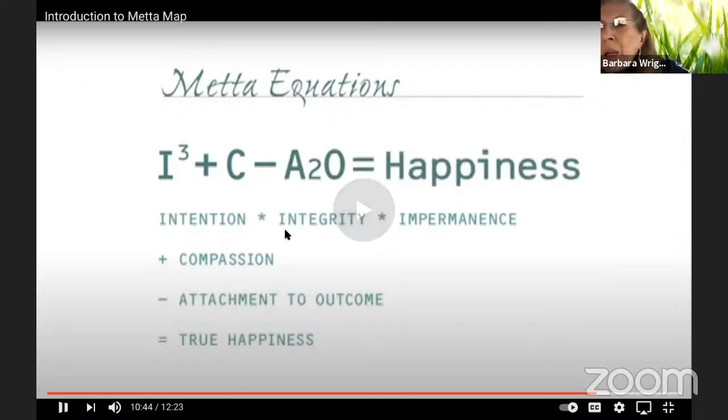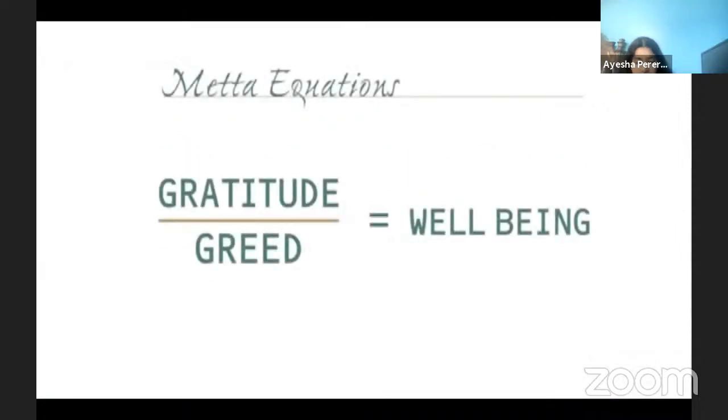The other one we have is gratitude over greed equals well-being. So if you're grateful and your gratitude quotient is 70 and your greed is 30, you're going to have a pretty good quality of life. And by greed, we mean feeling inadequate, envy, jealousy, hatred, any times being in deficit that causes you to be hungry for more.